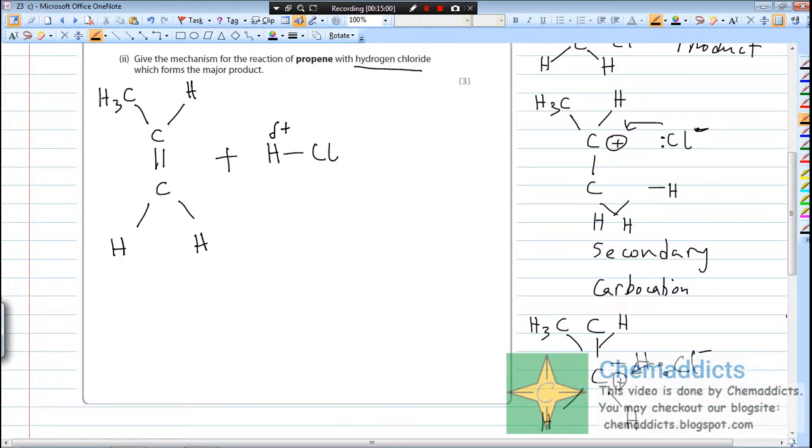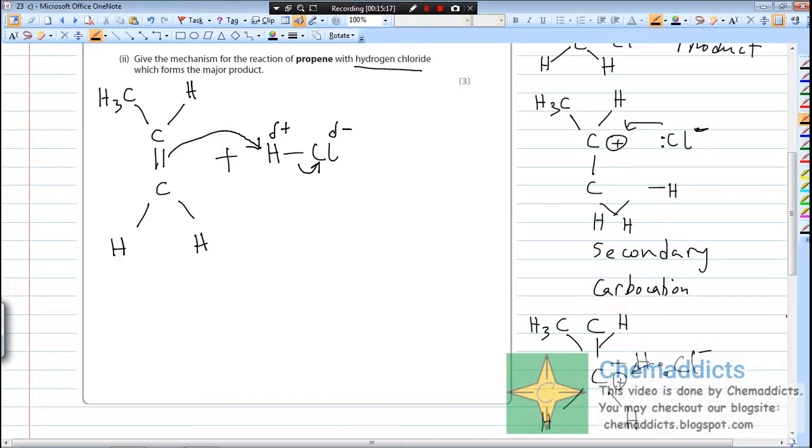Since the HCl molecule is a polar molecule, this bond will break heterolytically, and this electron will come here.